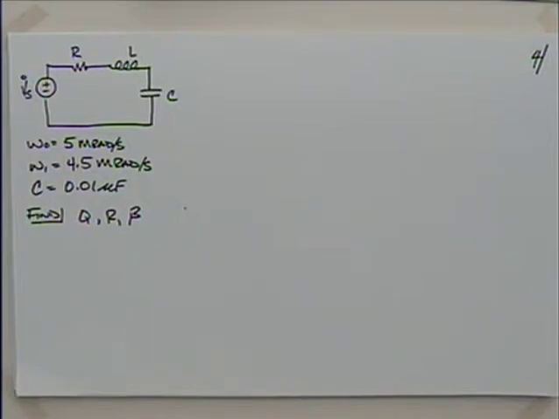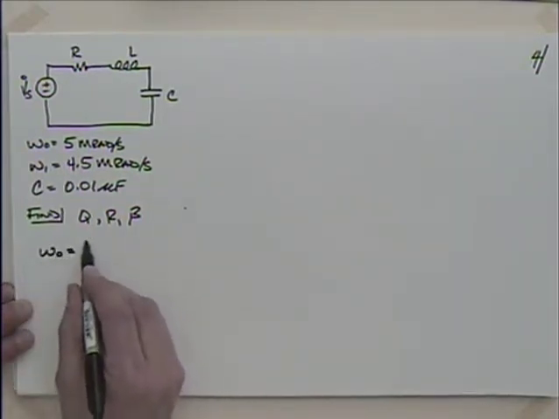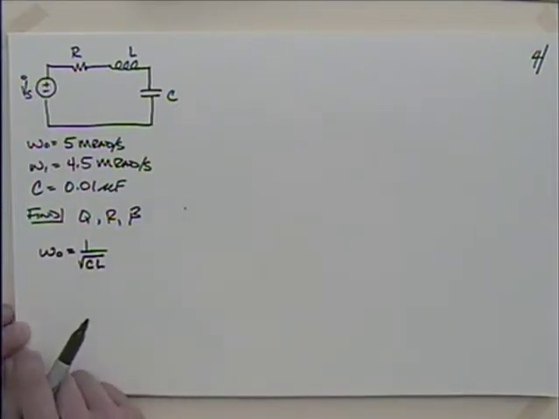If you had your index card, you'd flip that to the series side, right? And you'd recognize that whether it's in series or parallel, the resonant frequency omega naught is equal to 1 over the square root of CL, right?